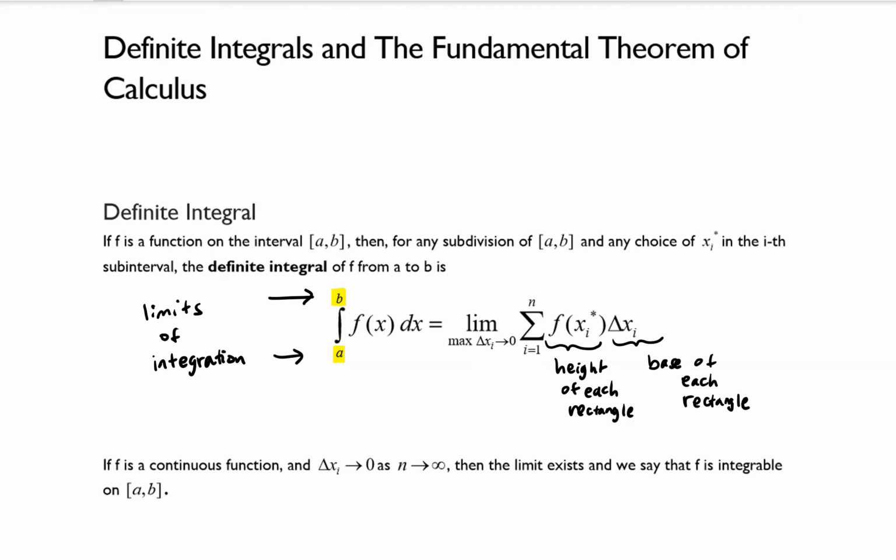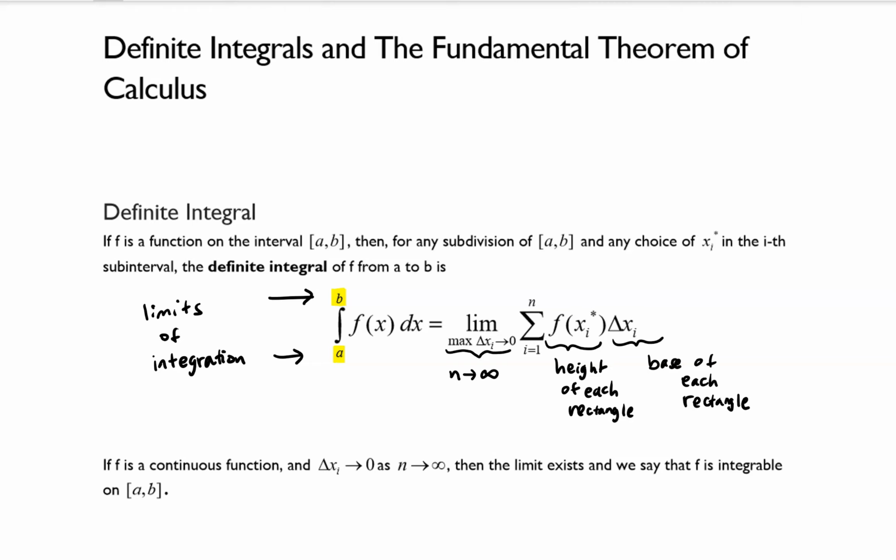And remember, the more rectangles we had, the more accurate our approximation was. And so basically this part is saying that the rectangles get skinnier and skinnier, or the base of them is going to 0. That's another way of saying n is going to infinity, and we have infinitely many of those rectangles.